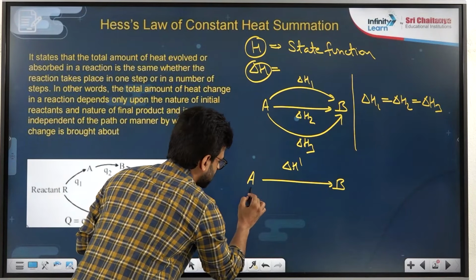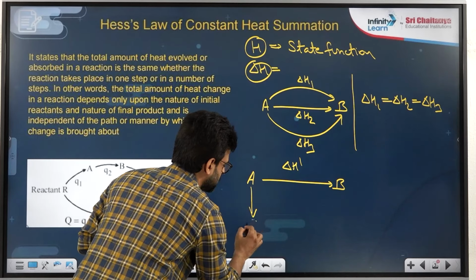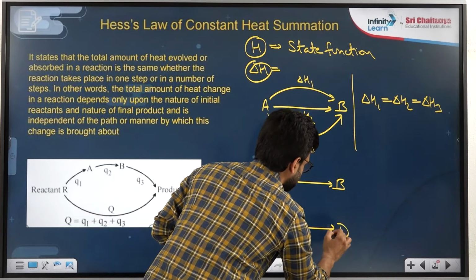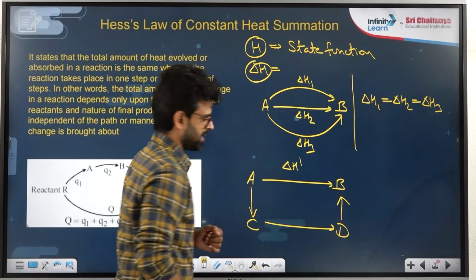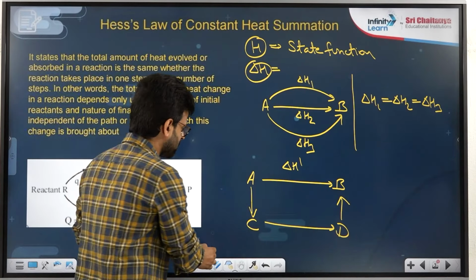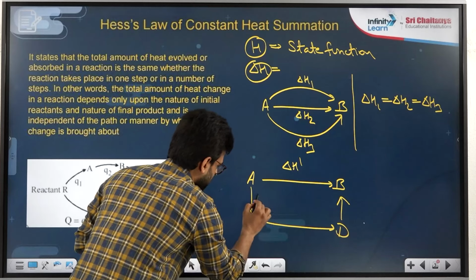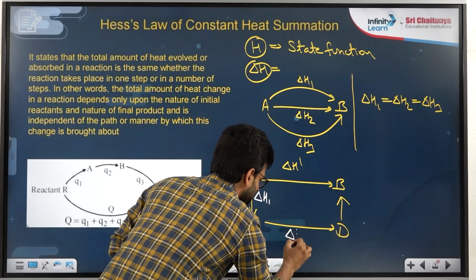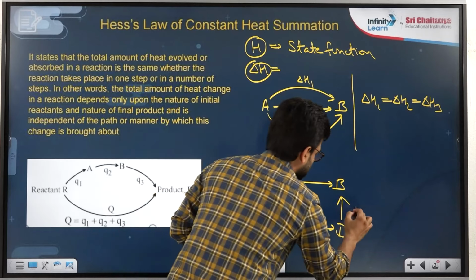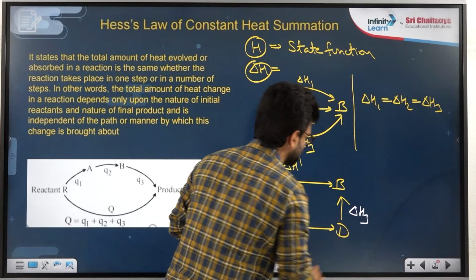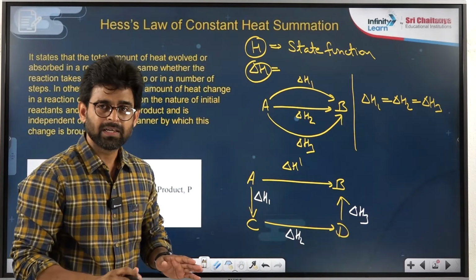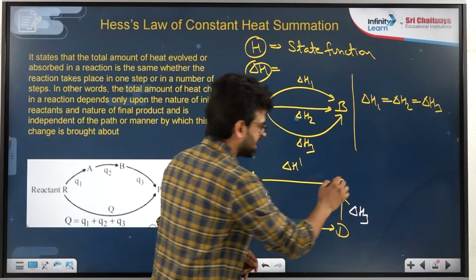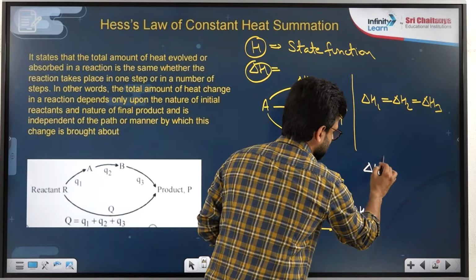Imagine first I am going from A to C, and then from C to D, and then from D to B, right? In this path, for the first step the enthalpy change is delta H1, for the second step delta H2, and for the third step delta H3. Clear?